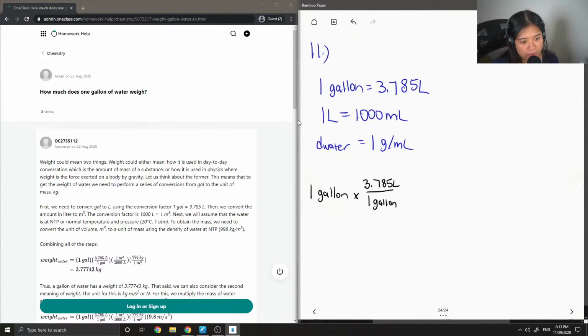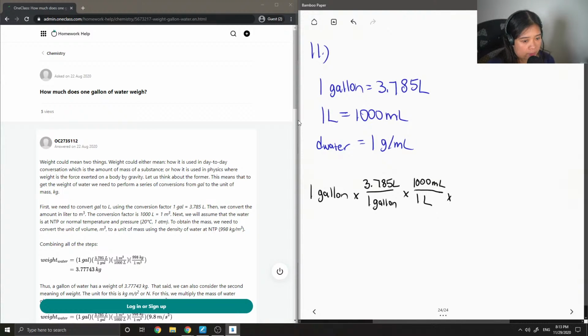Gallons will be in the denominator. So now I want to convert my liters to milliliters. So now I'm going to put my milliliters in the numerator. So 1,000 milliliters over 1 liter.